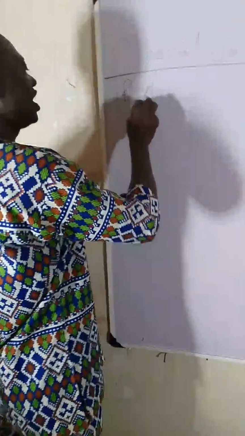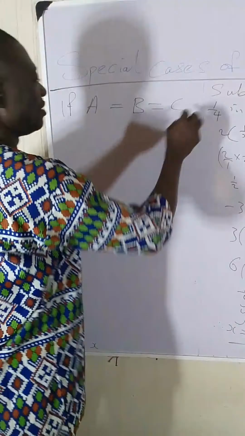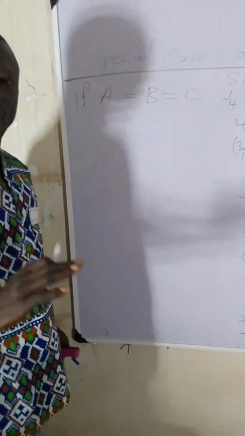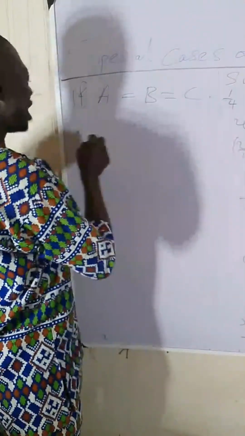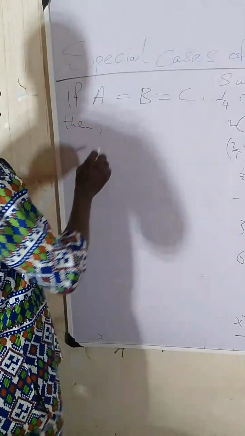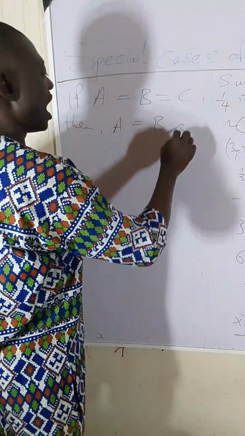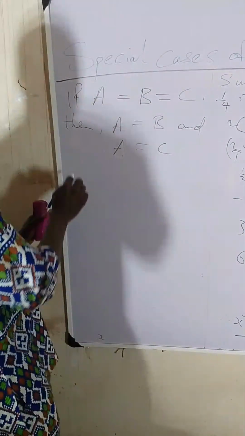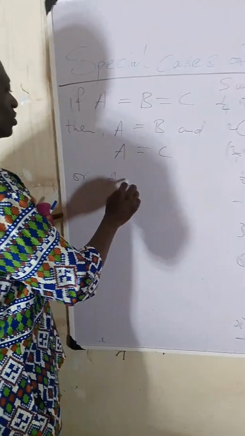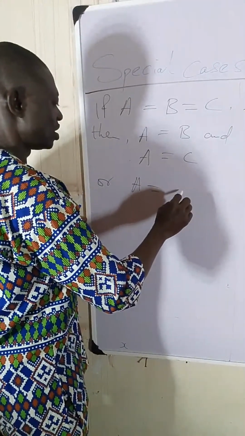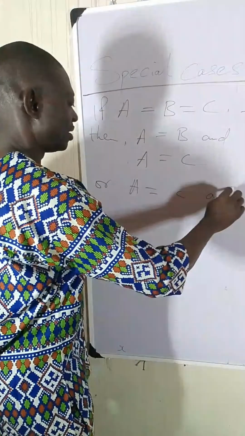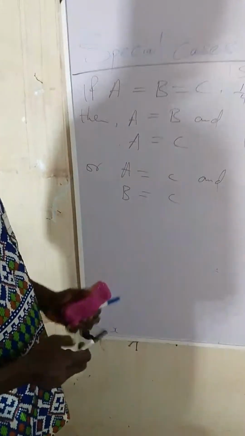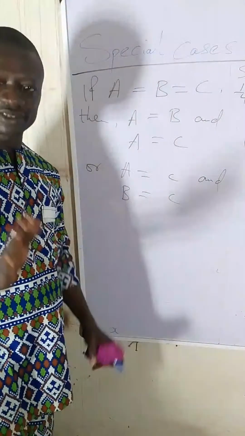If A is equal to B is equal to C, 3 expressions, 3 things, 1, 2, 3. If they are all equal, then we are sure that A is equal to B and A is equal to C, or A is equal to C and B is equal to C. The idea is that a simultaneous equation has 4 expressions.